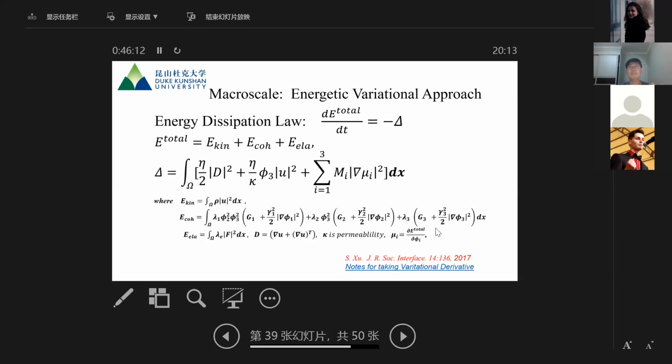For the system, what I can imagine is 3 parts. First, I have the fluid inside. The fluid always has some kinetic energy induced by the velocity, right? So what is the kinetic energy? It's just half of rho u squared, as we learned in physics, okay? The second one is because I have different components, so there is some entropy, or mixing energy, between these different components.